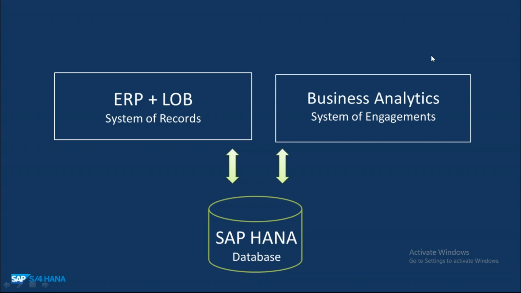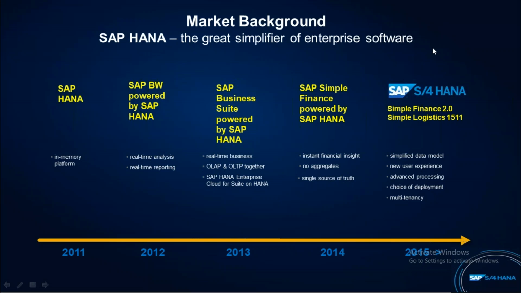So if I go back into the other previous slide, you will find here already in the year 2013, okay, let me just go back to the previous slide. So in the year 2013, the option for supporting OLAP for analytics, and OLTP for transactions, was supported on HANA in this particular combination for the business suite powered by HANA.